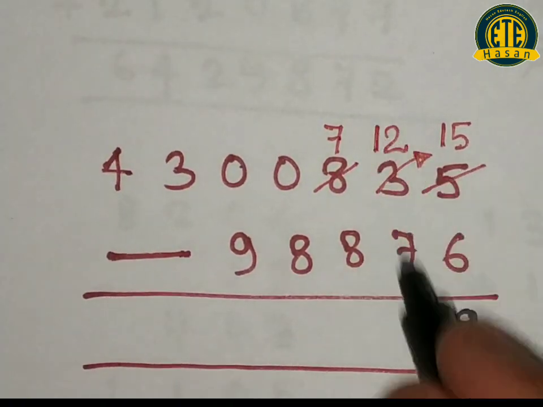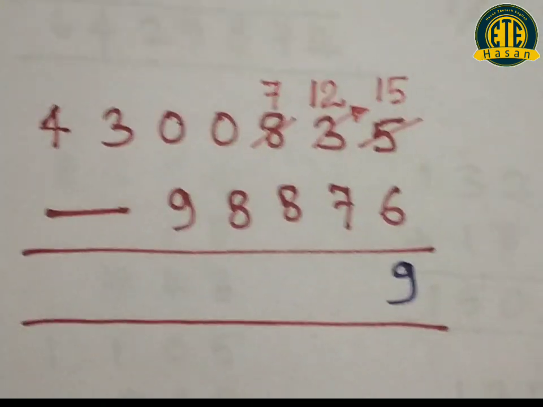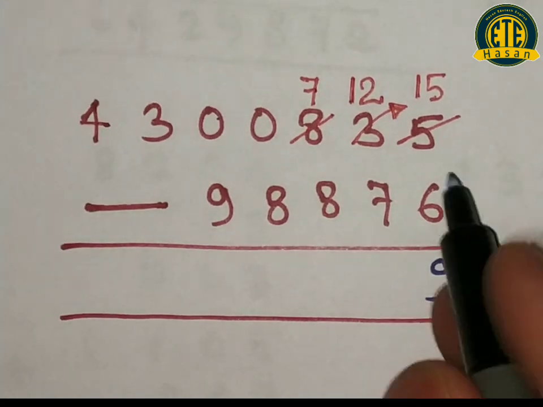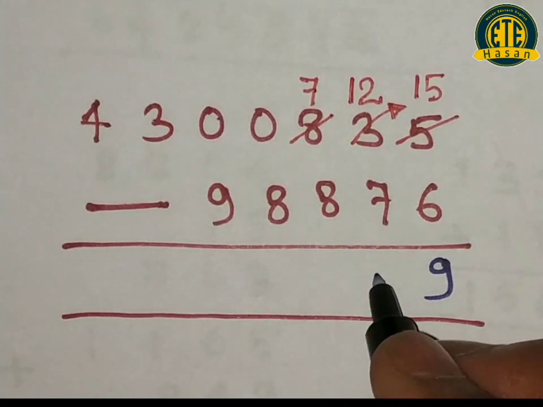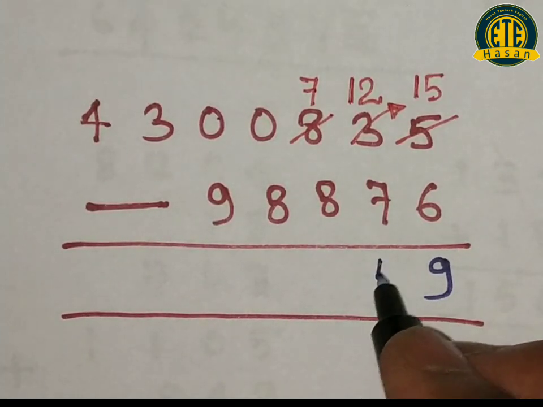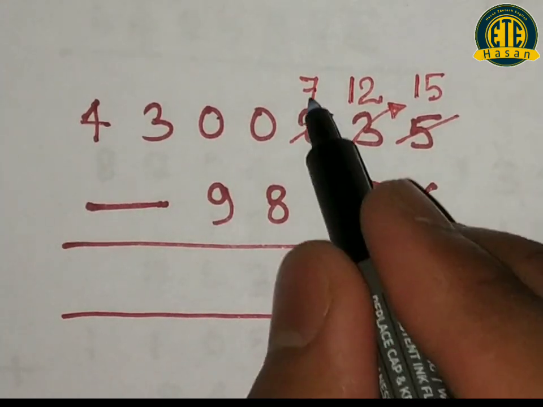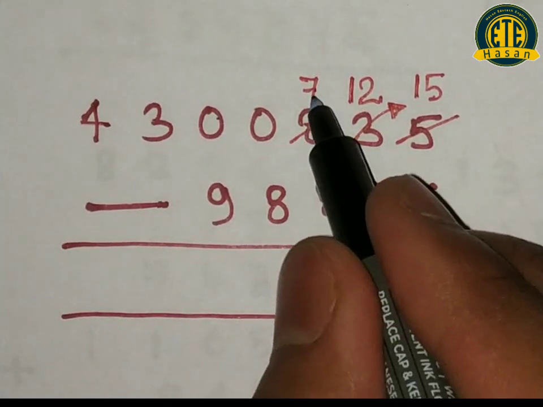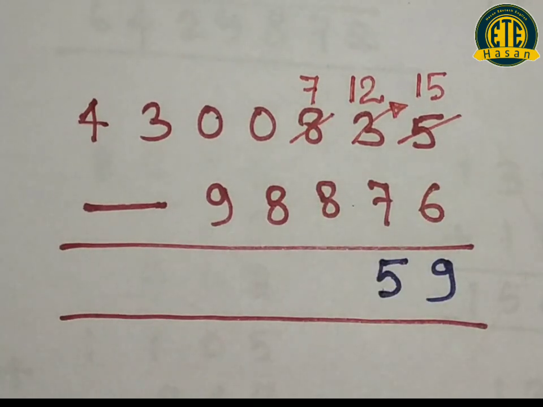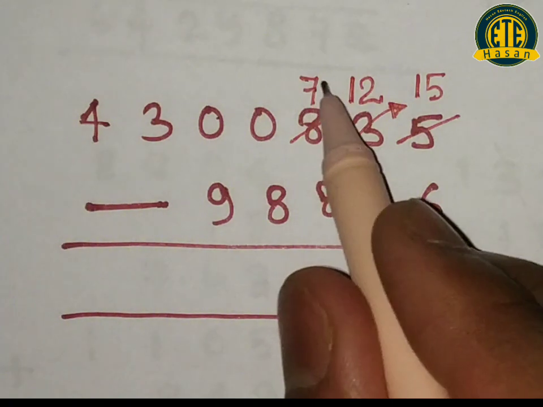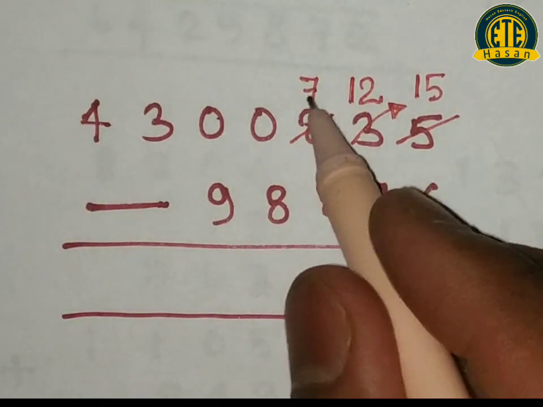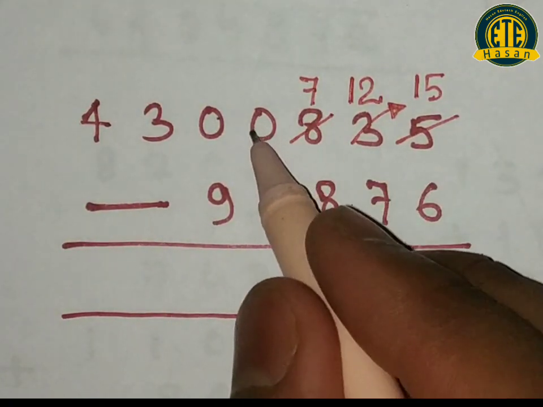Now 12 minus 7 will be 5, because 7 plus 5 is 12. Okay, now 7 minus 8, no, I can't subtract. 7 is smaller than 8, so 7 also wants 1 from its next number, which is 0.